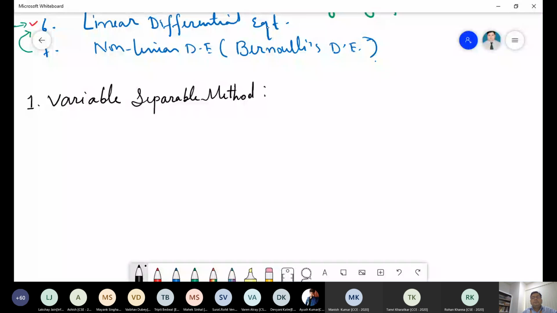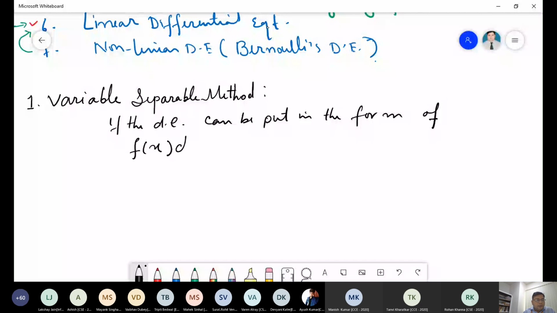If the differential equation can be put in the form f of x dx equal to phi of y dy, or we can also write it as M dx plus N dy equal to 0, or N dy equal to minus M dx.